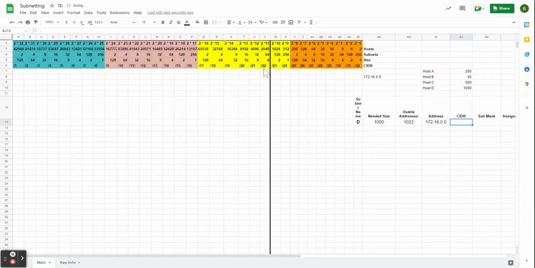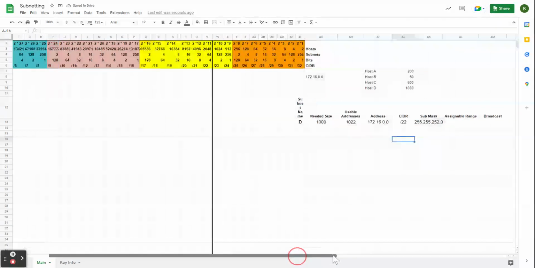The CCNA notation is /22. The subnet mask is adding these bits together: 252, so it's 255.255.252.0. Okay, what's the next stage?